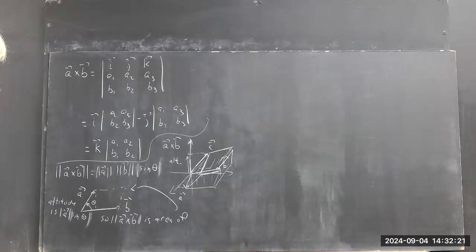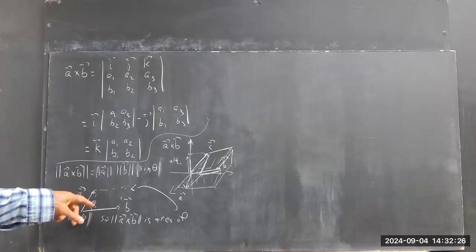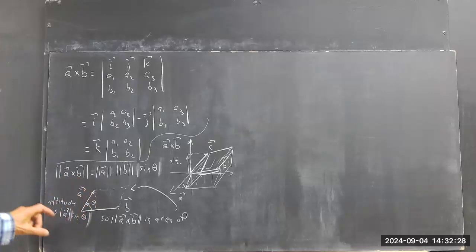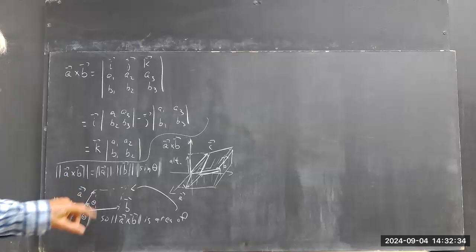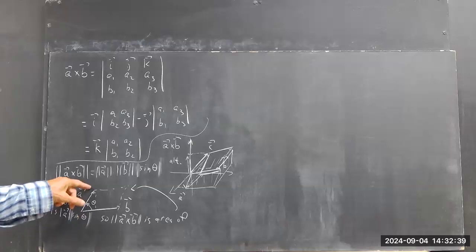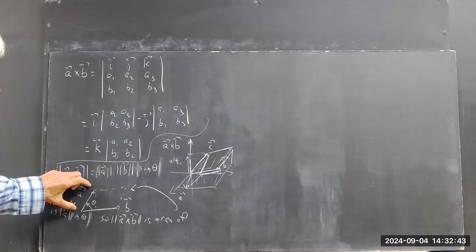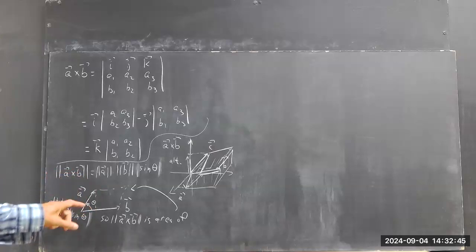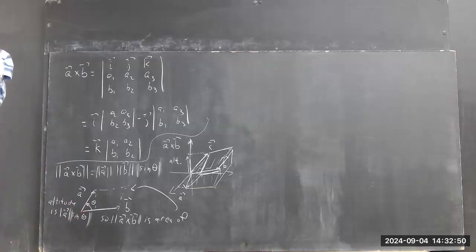The other thing I can say is that the altitude of this parallelogram, this dotted line here, is the magnitude of A times the sine of theta. Because right there is a right triangle with angle theta here, and the vector A is the hypotenuse. The altitude is then clearly the length of that hypotenuse times the sine of theta, the opposite side over the hypotenuse, and I think everybody's well aware of that.